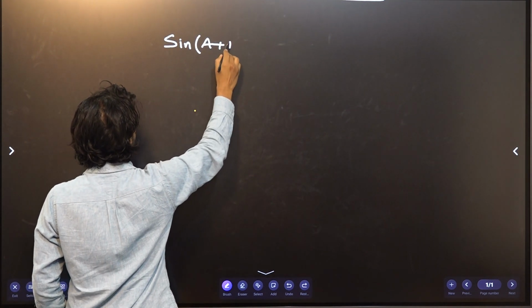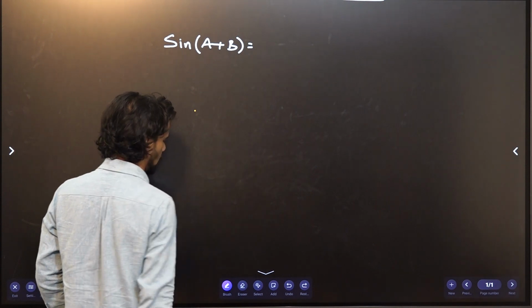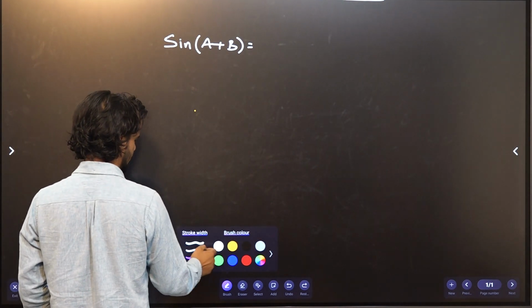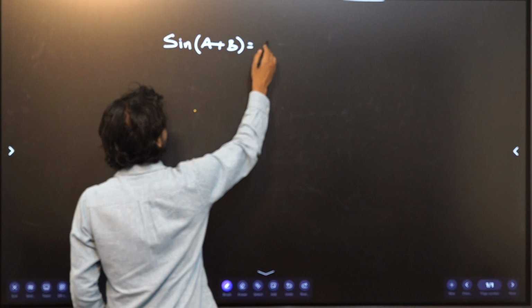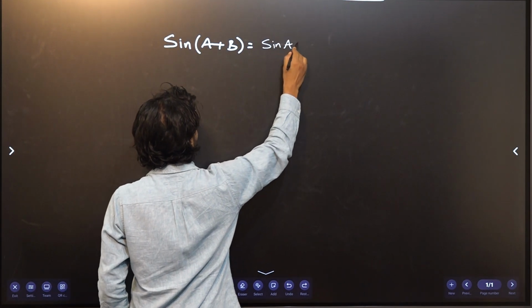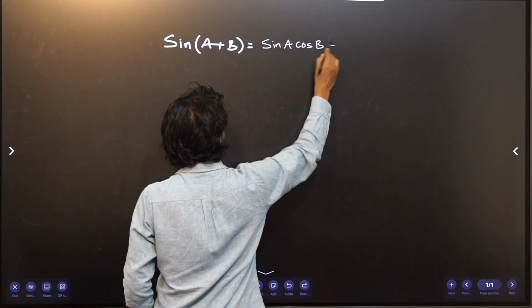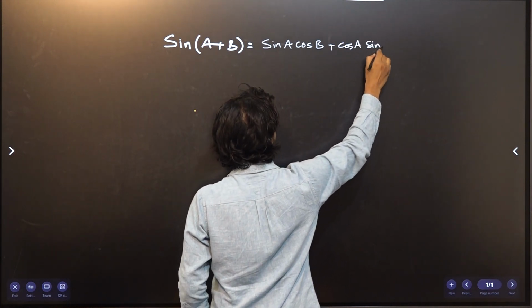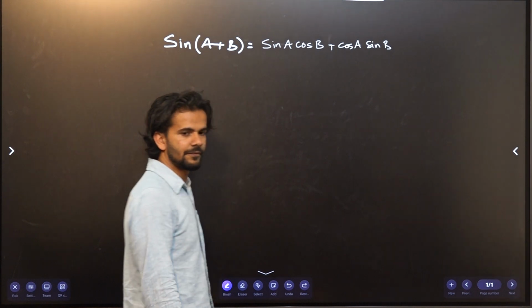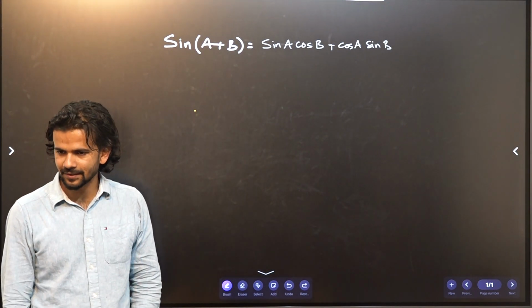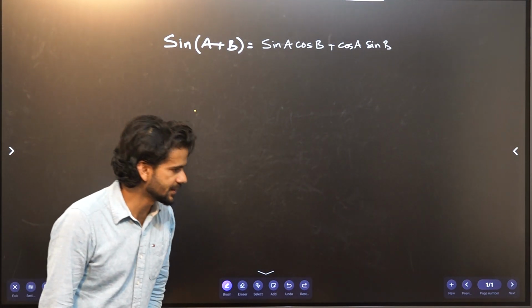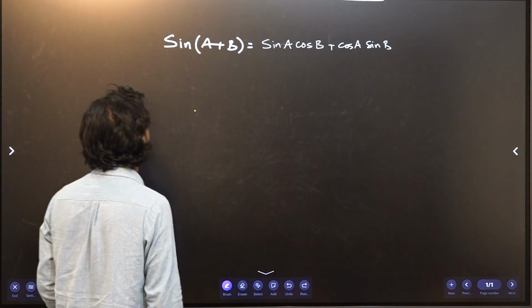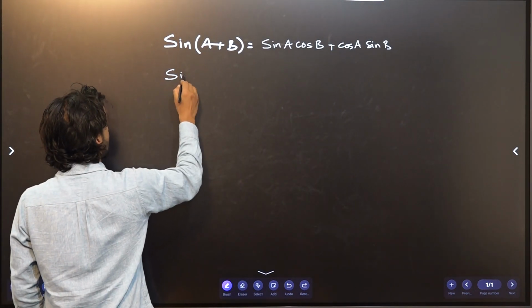Sine A plus B is equal to sine A cos B plus cos A sine B. So you are very familiar with this, right? Now, similarly, what do we know?